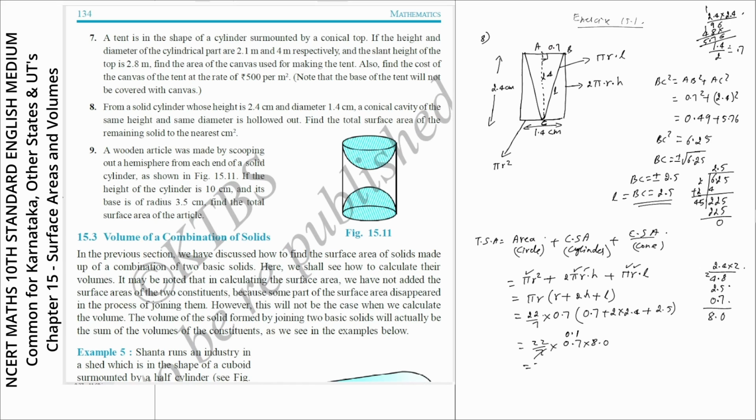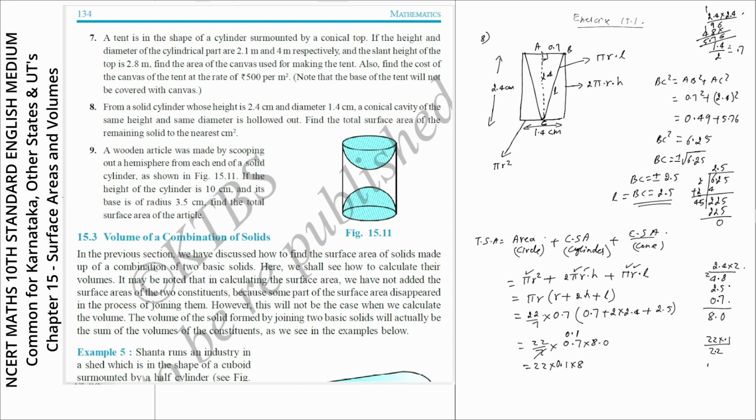Now this is equal to 22 into 0.1 into 8. So 22 into 0.1 is 2.2.